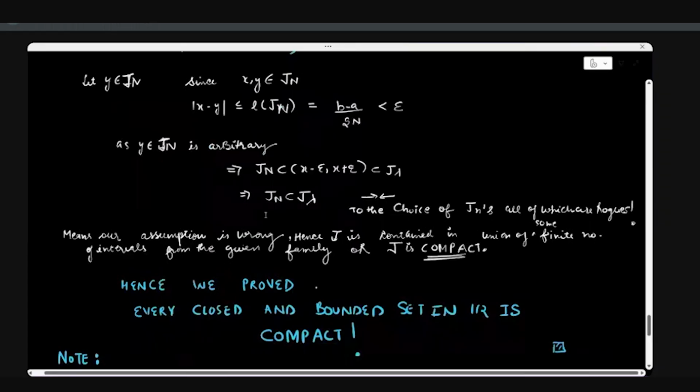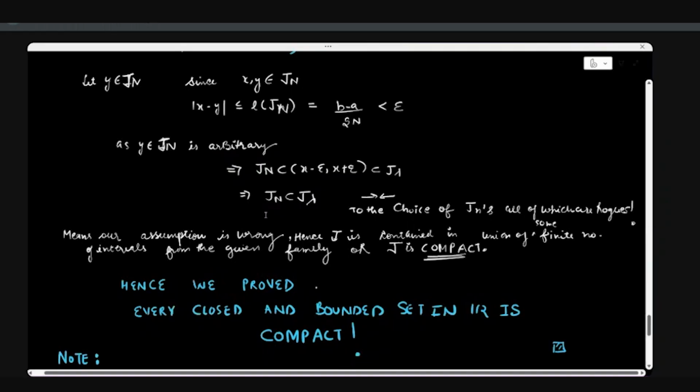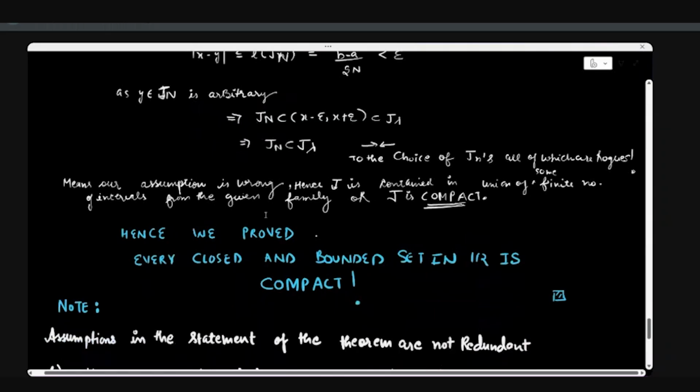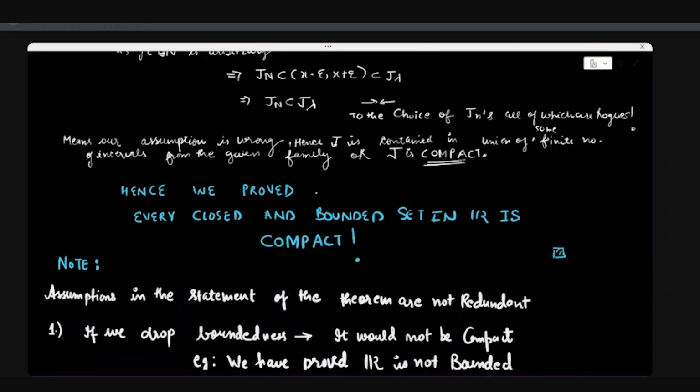So our assumption is wrong, and hence there is a finite subcover for the given open cover, which implies our interval J, which is closed and bounded, is a compact set. So hence we have proved the, I like this theorem a lot, Heine-Borel theorem: every closed and bounded set in reals is compact.